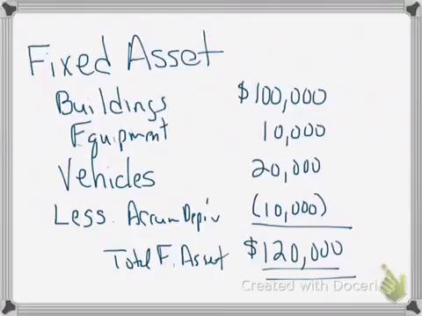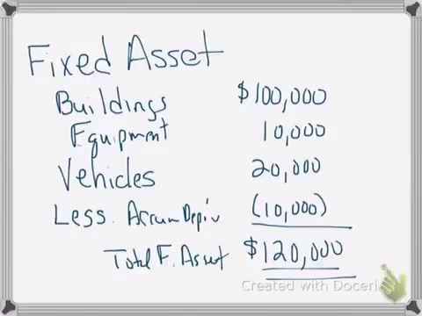Now you may look at it and go, well, why don't we just take it against buildings? And why don't we just take it against vehicles or equipment like we did with supplies and like we did with prepaids? The reason is we have something called historical cost. And our historical cost principle states that we record our purchases for fixed assets at their cost. And they have to stay at their cost.